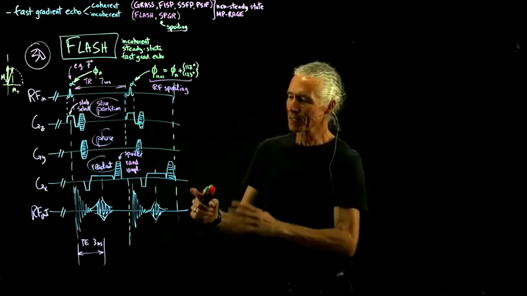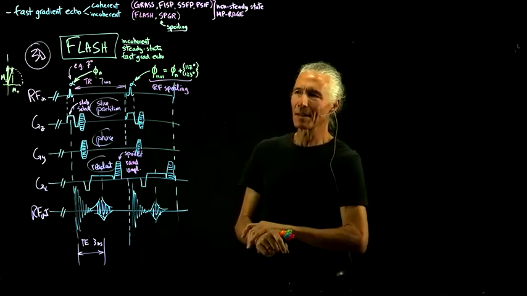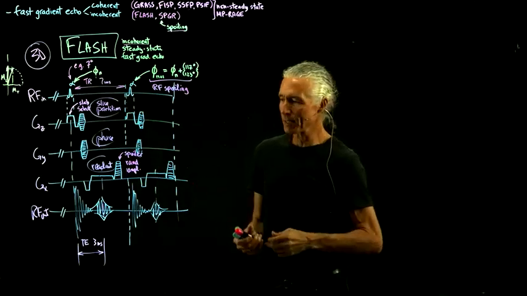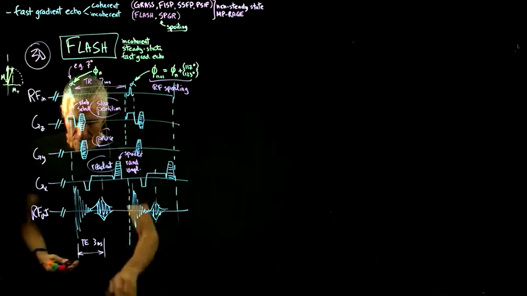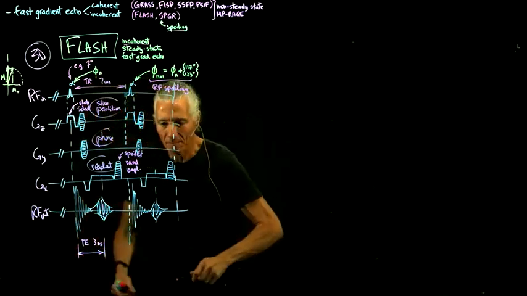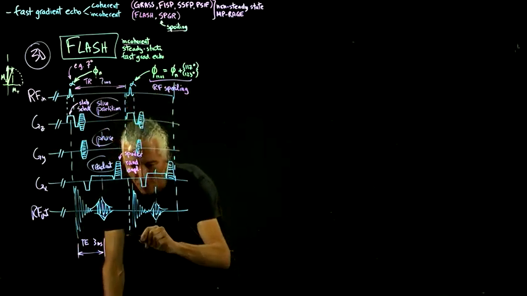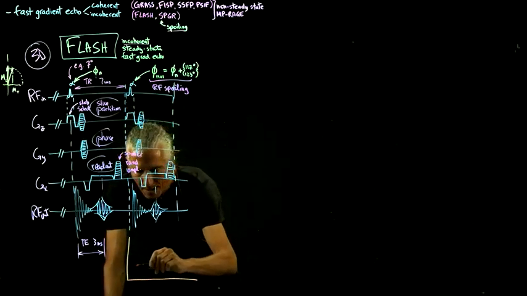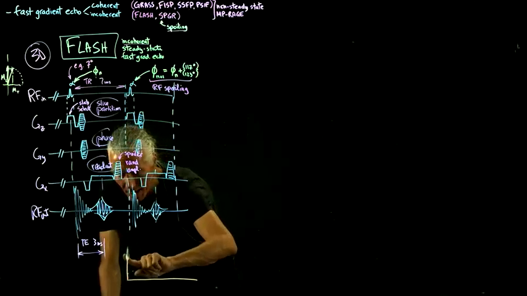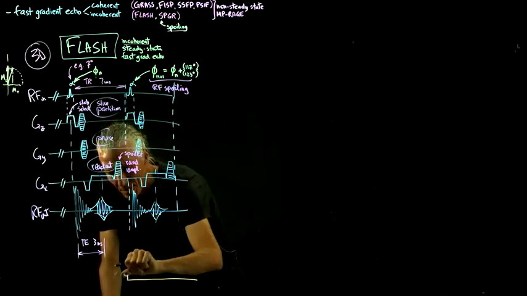And so this is a very common sequence, and you can get different contrasts out of this sequence. Remember what the graph looked like for this sequence. It looks something like this for one tissue type, say the gray matter.